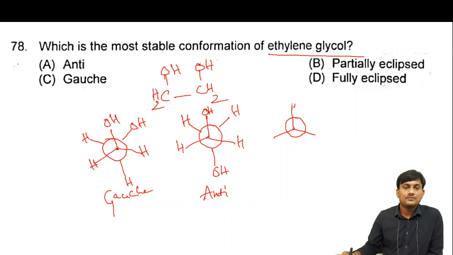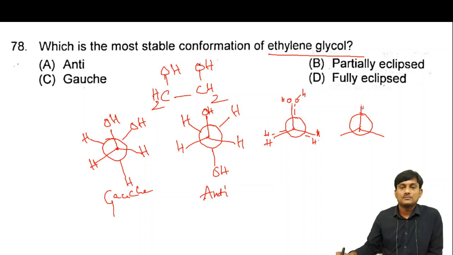If you take here OH and OH, you have here hydrogen eclipsed with hydrogen, hydrogen eclipsed with hydrogen, and partially eclipsed, you have partially eclipsed, and here OH is eclipsed with hydrogen, and hydrogen is eclipsed with OH, and here H is eclipsed with hydrogen.